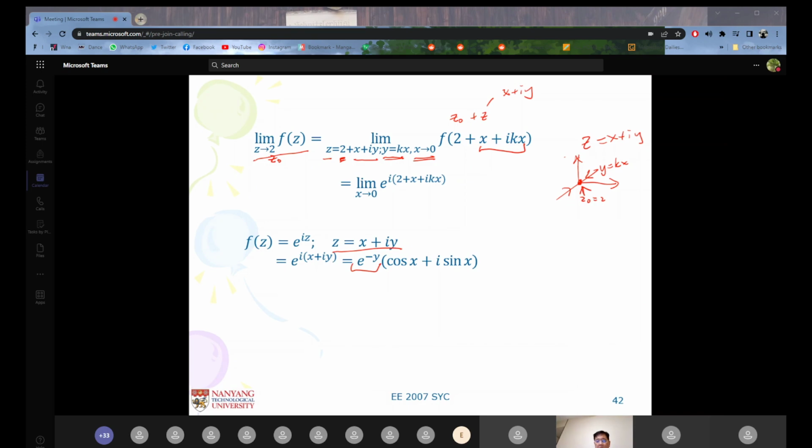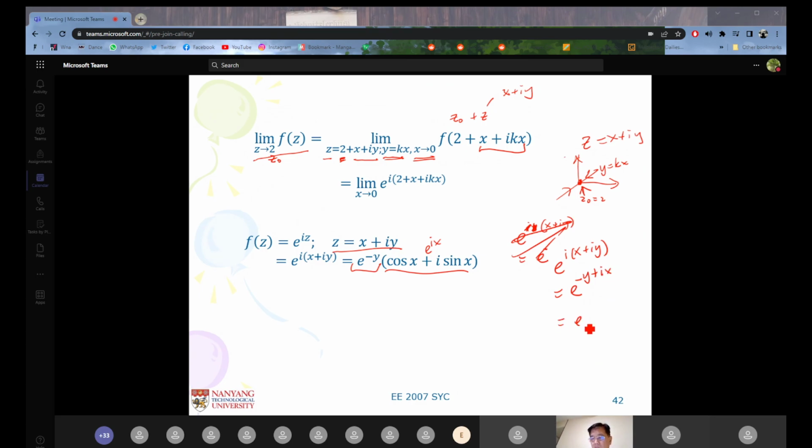Then we are left with e to the power i times x plus iy, which is equal to e to the power minus y plus ix, right?